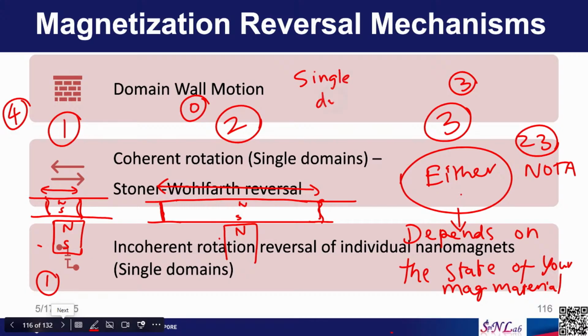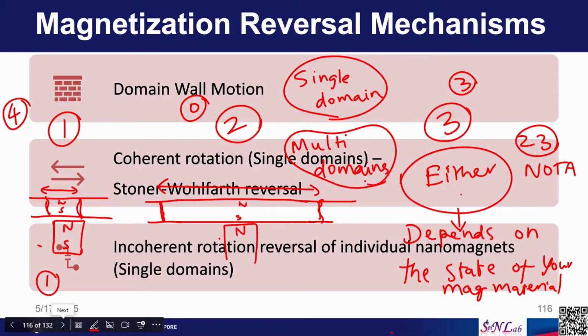In some cases the system will have no domains, all the tiny particles will be in a single domain state, and in some systems we will have multi domain states. So, depending on whether you prepared a system of single domain particles or multi domain particles, either can happen.